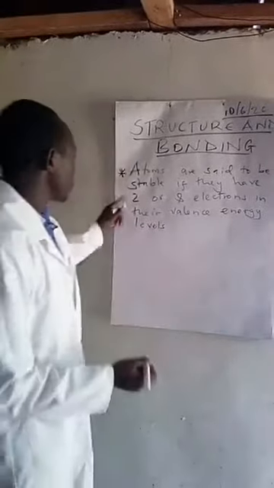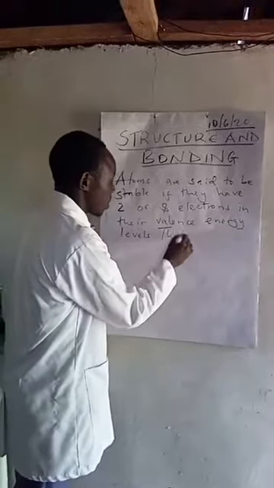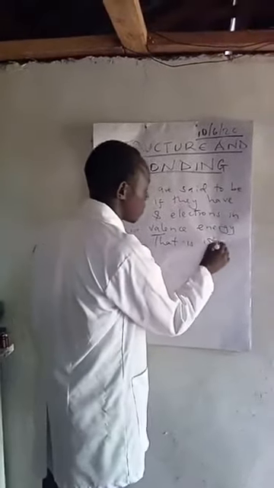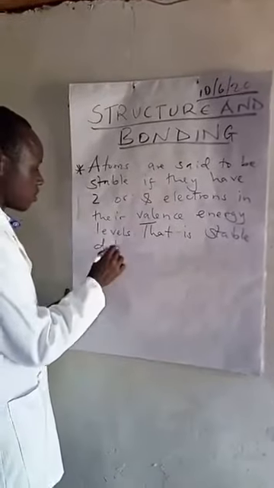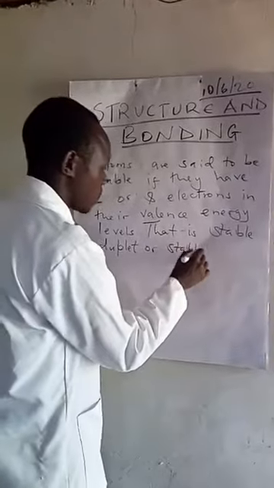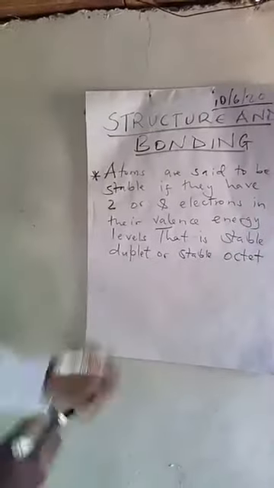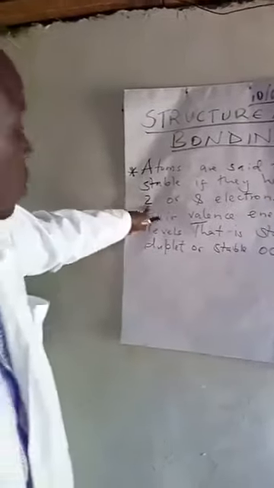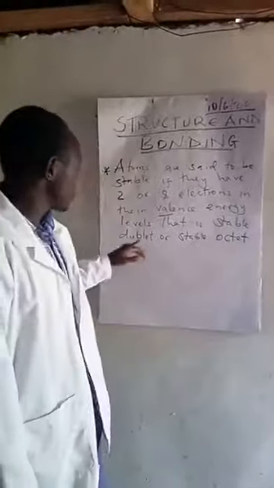Two electrons is a stable duplet, or a stable octet for 8. Those atoms which have 2 electrons or 8 electrons in the outermost energy level are said to be stable.